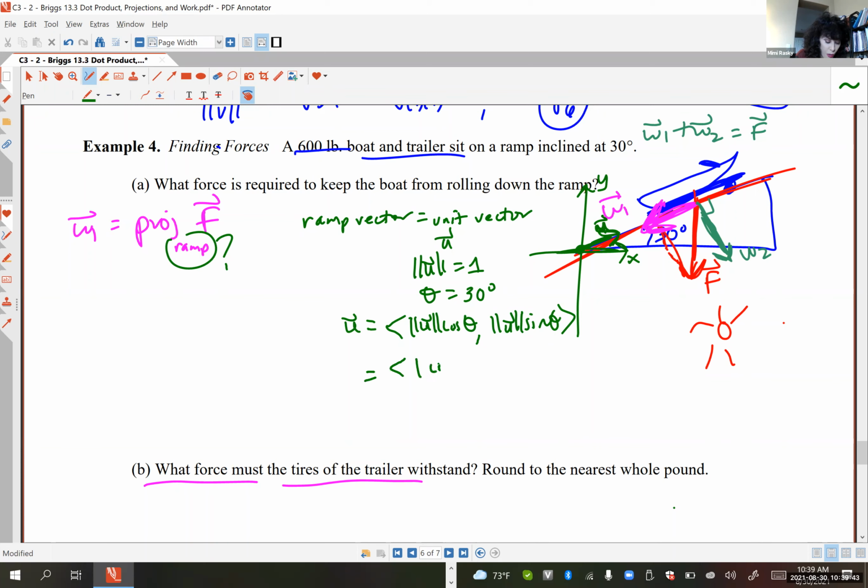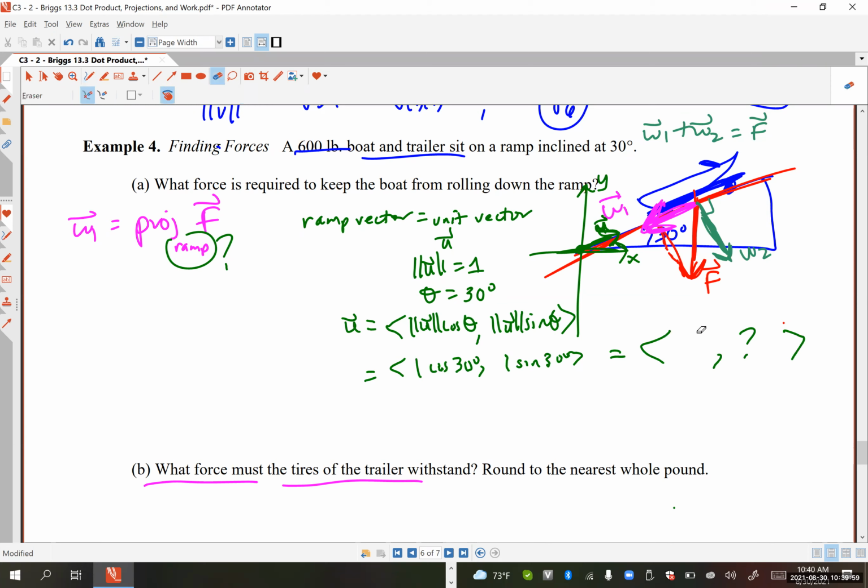Be careful. 1 times cos 30 degrees, 1 times sine 30 degrees. And so the ramp vector is kind of easy peasy. It's simply going to be what? Square root of 3 over 2, 1/2. Square root of 3/2 and 1/2. Good. Excellent. So there's your ramp vector.